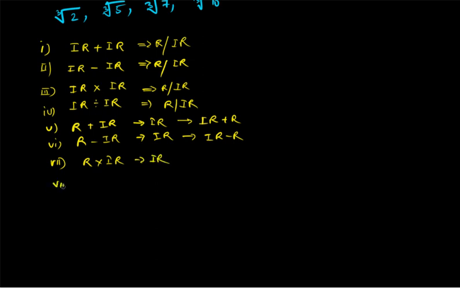And the quotient of a rational and an irrational is always going to be an irrational. So rational divided by irrational is irrational, or irrational divided by rational also gives you the same thing. So these are the properties of irrational numbers. Okay.